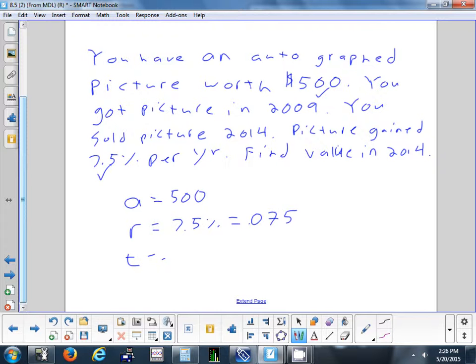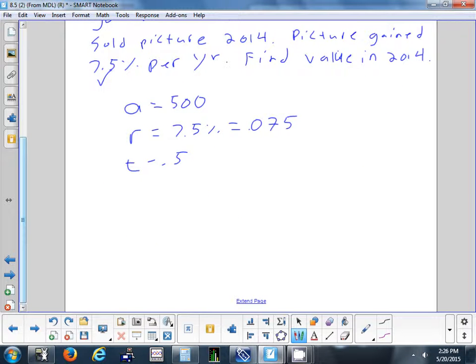Okay, what about T? Well, T is how many years have gone by since we bought the picture and when we sold it. When did we buy the picture? 2009. When did we sell the picture? 2014. 5 years later. Who can give me my equation?